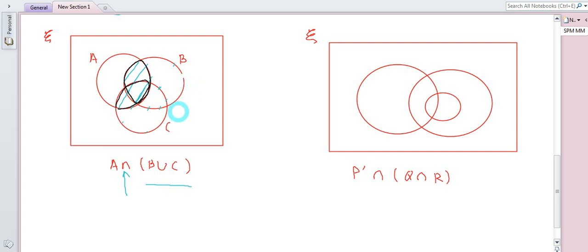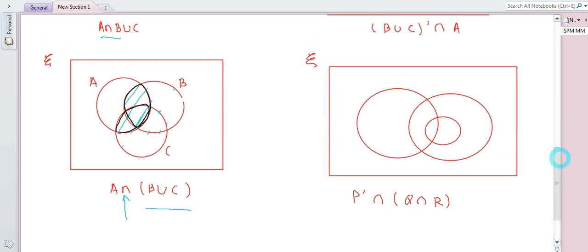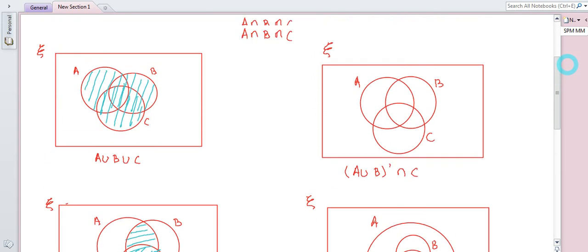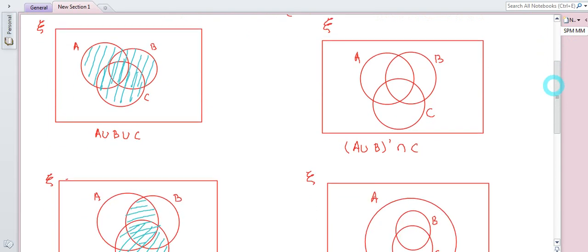Okay, so the final answer will be this. If you do step by step, really understanding is actually very easy. You can get the answer very fast.